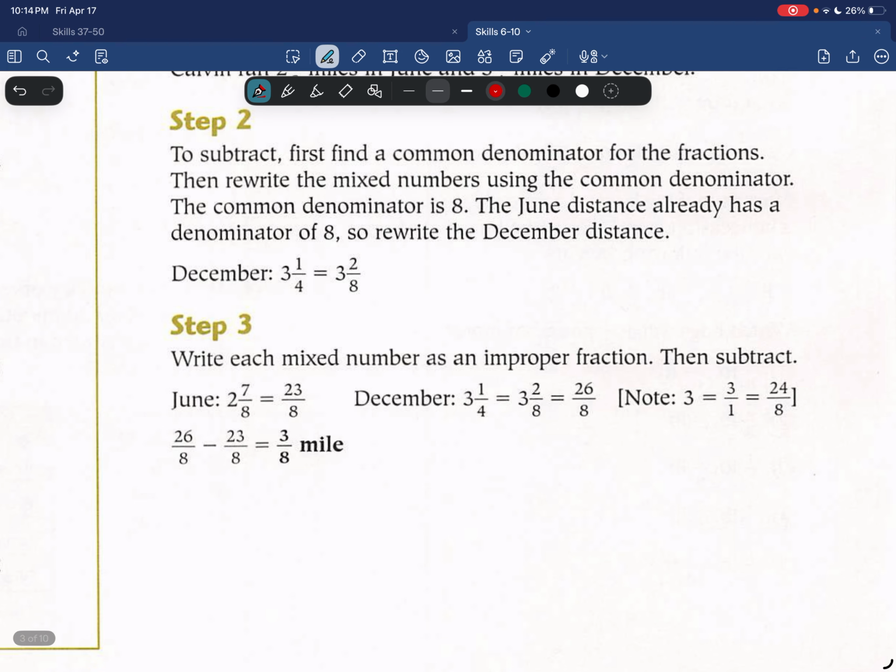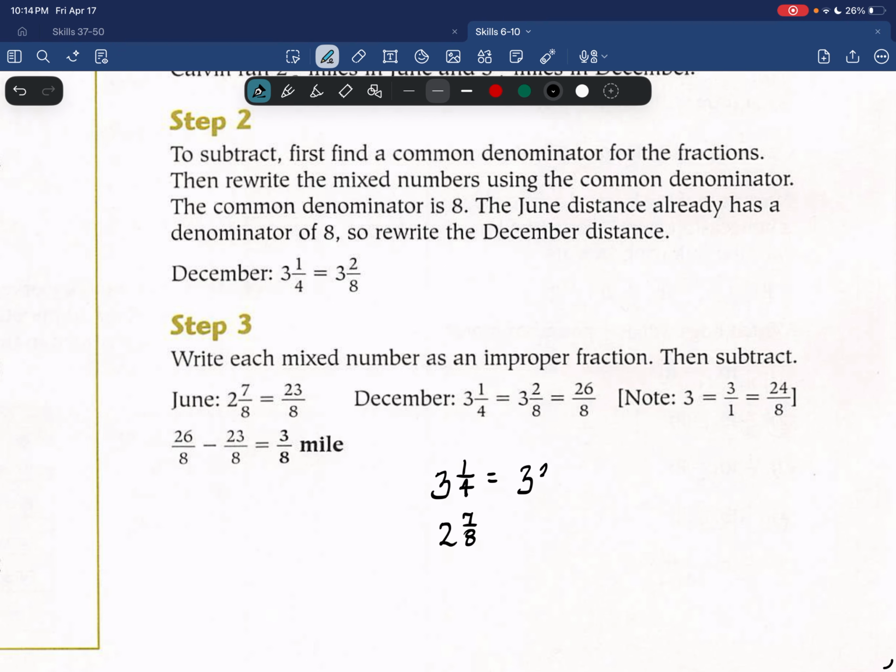Then they went an alternate way. This is interesting too. So let me walk you through this one. This is a good way to do it. They took the 3 1/4. Oh, I like this. I didn't think of this, but this is a good way. And remember, we built it up to eighths.